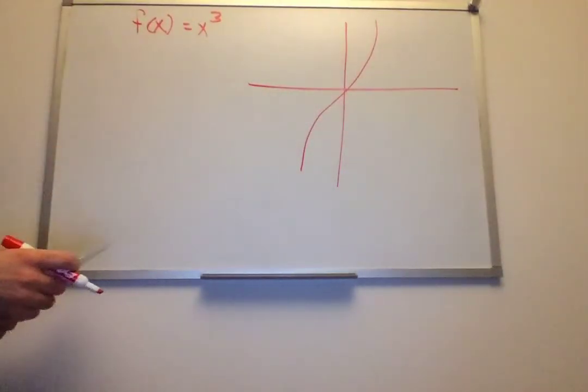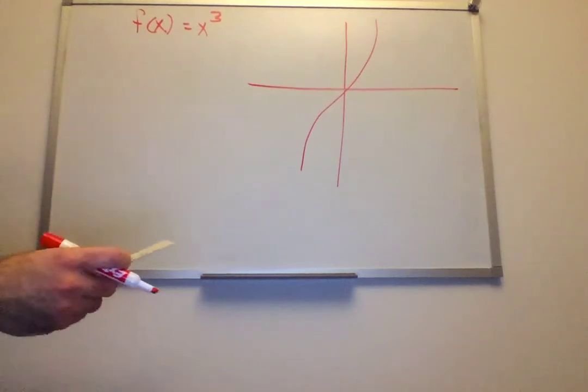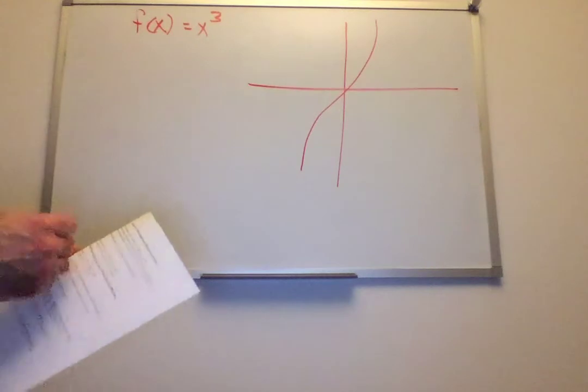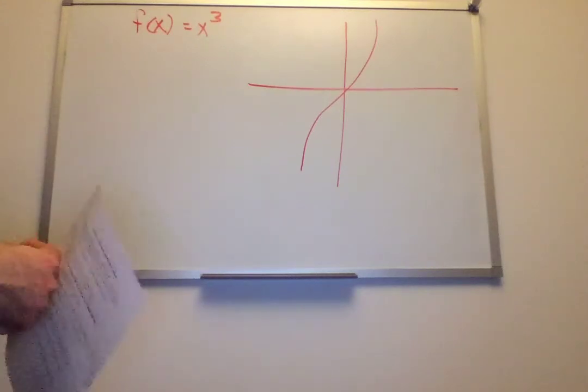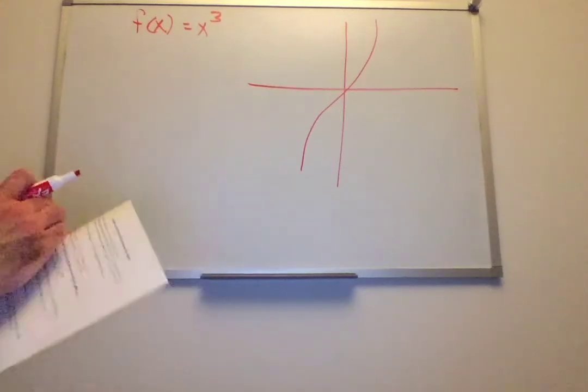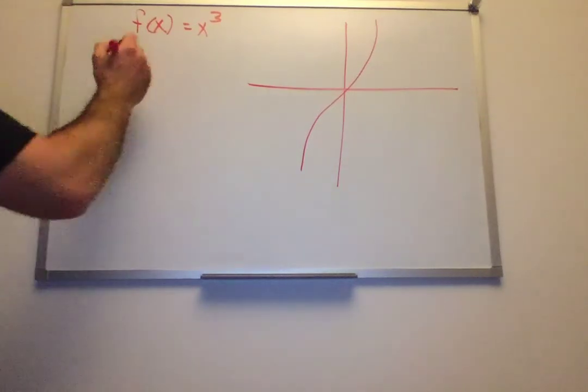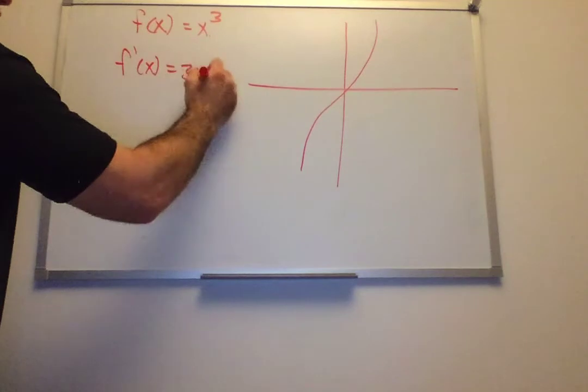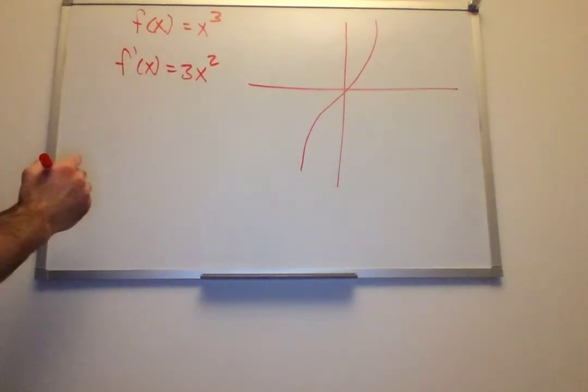Now, Fermat's theorem says if f has a local maximum or minimum at c, and if f prime of c exists, then f prime of c must be equal to 0. Let me go ahead and take the derivative of this. f prime of x is equal to 3x squared, just a simple power rule.